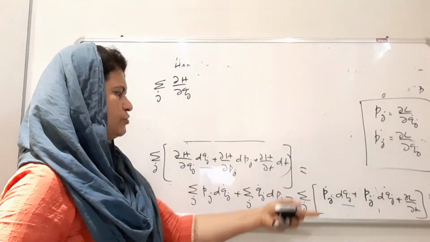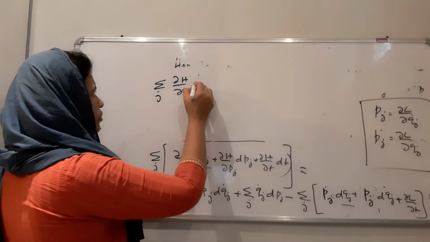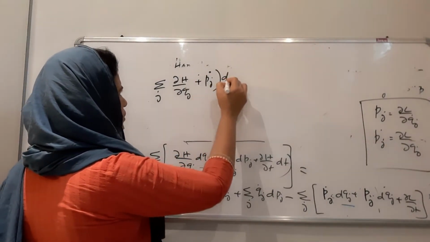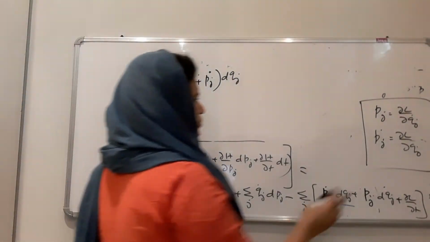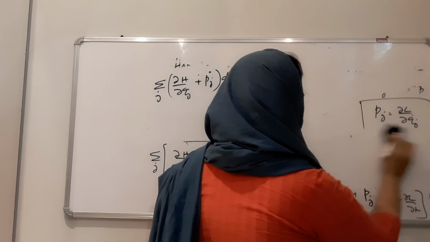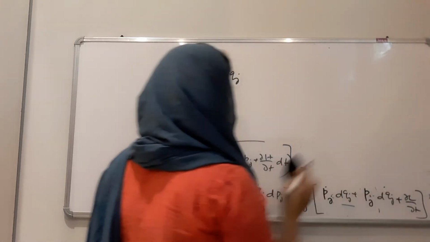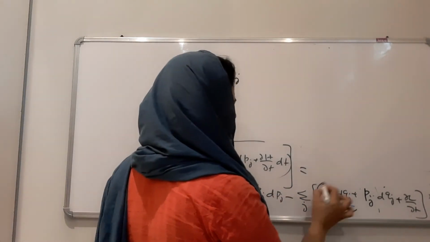This is negative, therefore it is taken as positive on the left side, plus pj dot into dqj. Okay, one term. Now we can erase this one. This is substituted. These two terms have been taken to the left hand side.